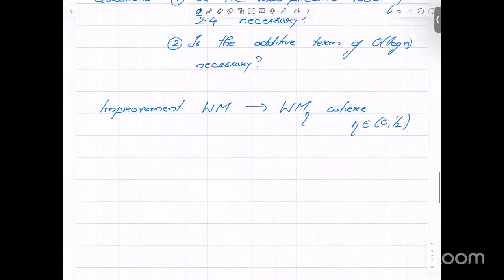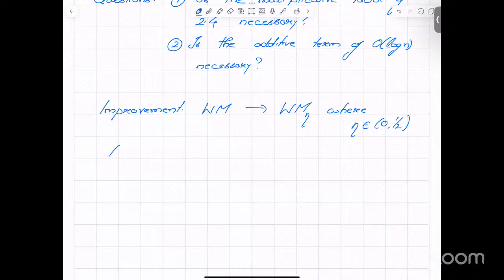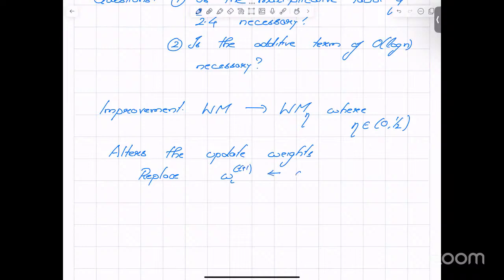In particular, this only alters the update of weights, in which case we are going to replace w_i^{t+1} with w_i^t times (1 minus eta).